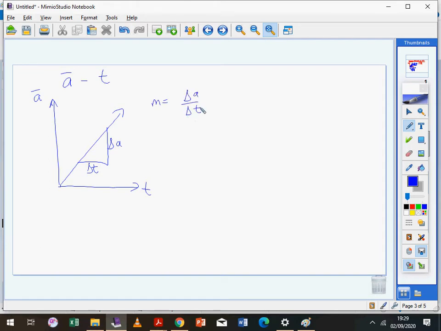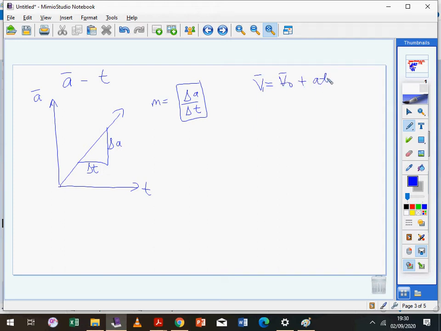I don't know if you can recognize this from this equation: V1 equals V0 plus AT.